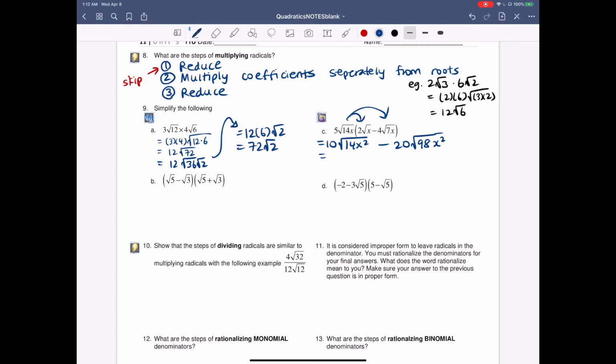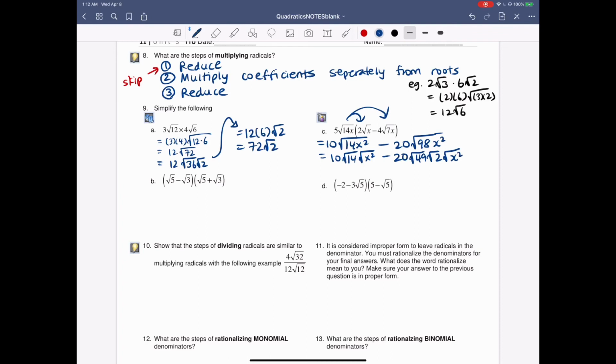Next, I have the 10, and I want to break it apart into factors, right? So I have 10, I have square root 14, I'm going to break that into square root x squared, minus 20. With the 98, I can break it into some factors that include perfect squares. So 49 and 2, along with the x squared.